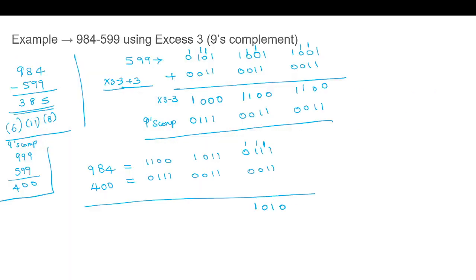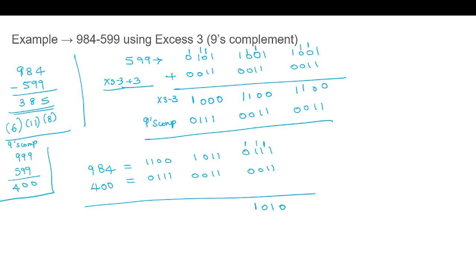So the thing is, if carry is 1, then add 3, else subtract 3. Correct? So now, is there a carry? No carry. So I have to subtract 3.